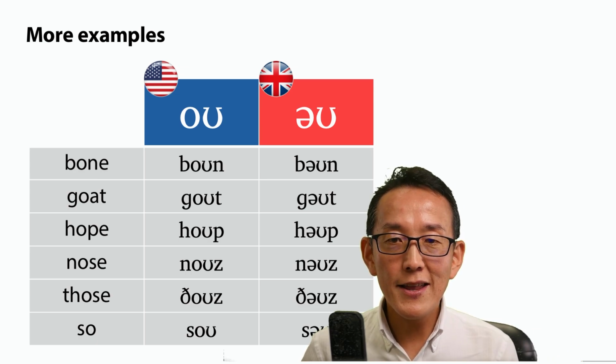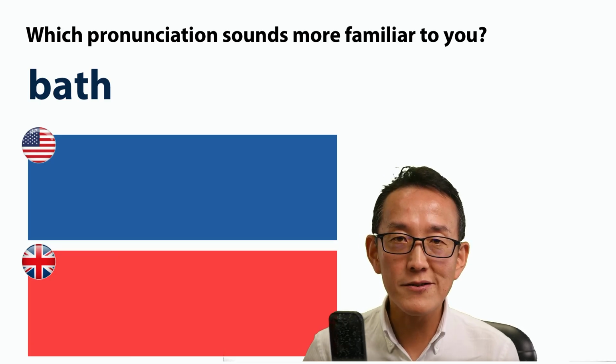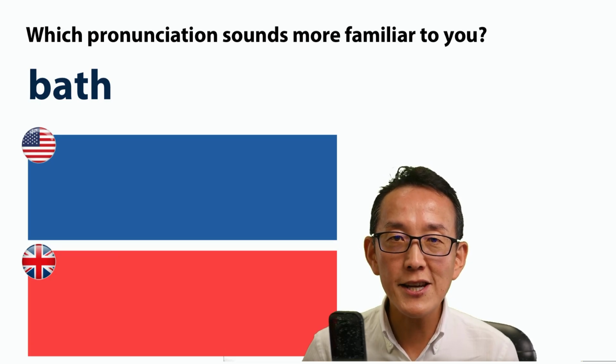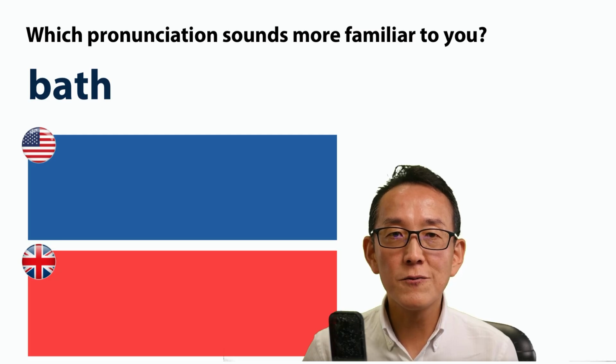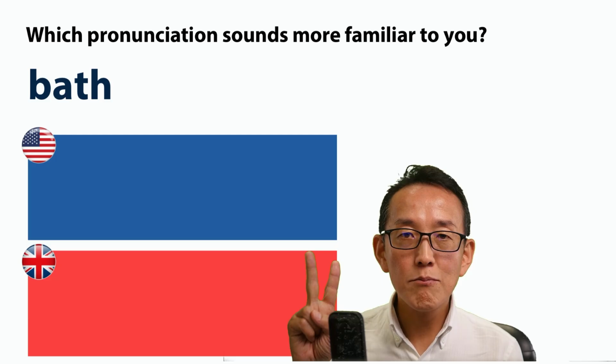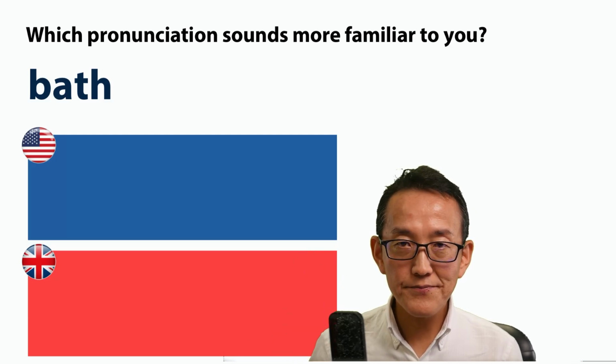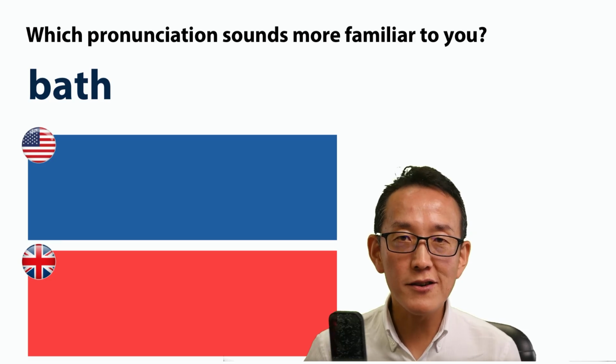Now let's look at another more famous example. This word is BATH. I'll say the word in two different ways again. Bath, bath. Tell me which pronunciation sounds more familiar to you.